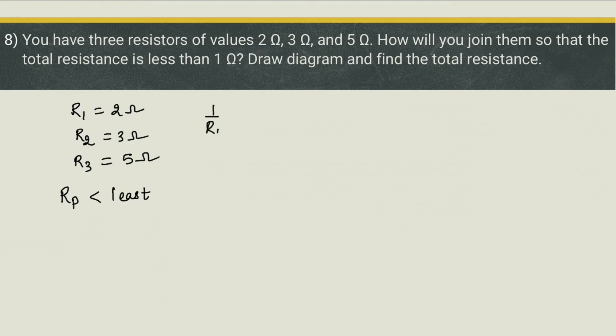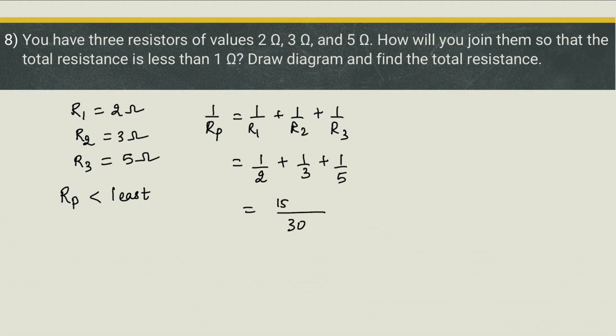1 upon Rp is 1 upon R1 plus 1 upon R2 plus 1 upon R3. So that is 1 by 2 plus 1 by 3 plus 1 by 5. LCM is 30, 15 plus 10 plus 6, 31 upon 30.